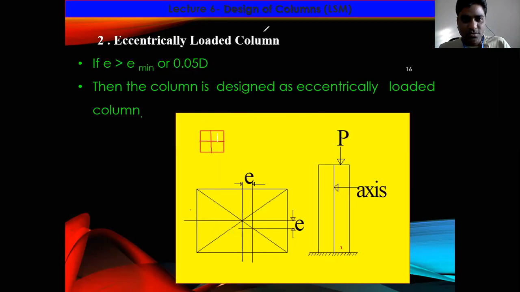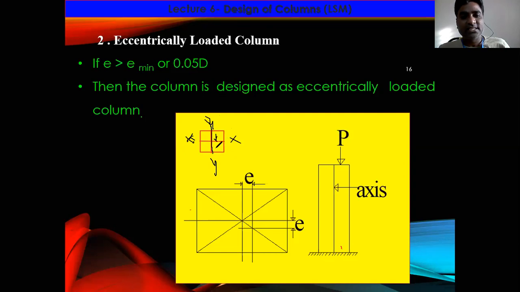Is it visible to you? I hope so. Let us see. So the load is acting here. Let's say this is your x-axis and this is your y-axis, for example, and the load is eccentric with respect to the y-axis.